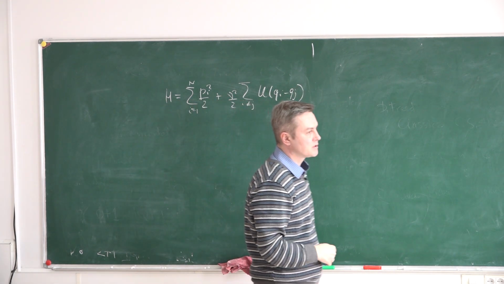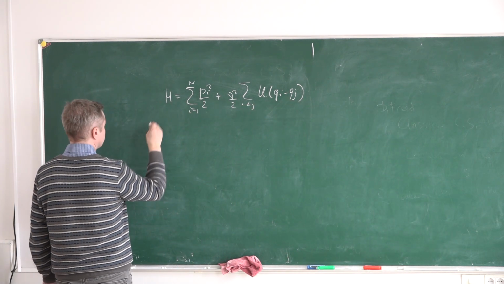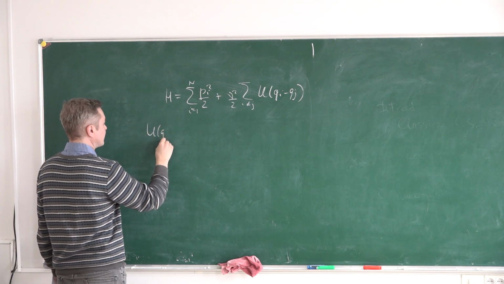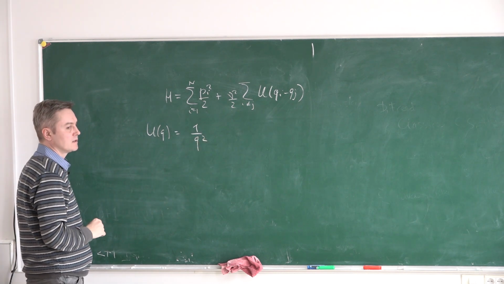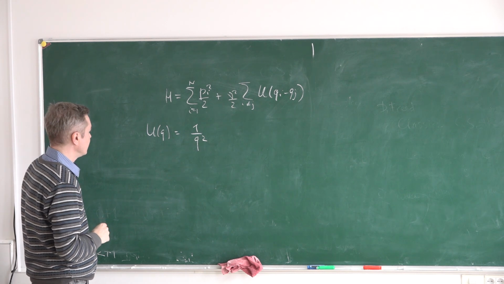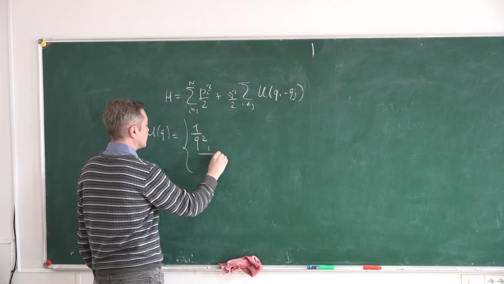And in fact, what we previously considered is a potential which is 1 over q squared, but this is not a single possibility. Another possibility is to write 1 over sine squared.